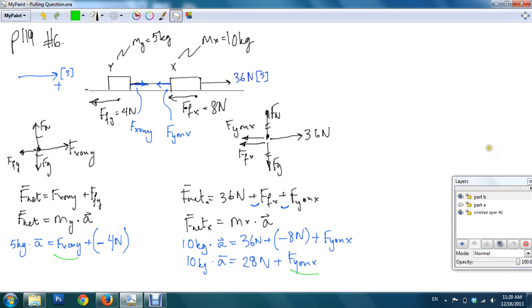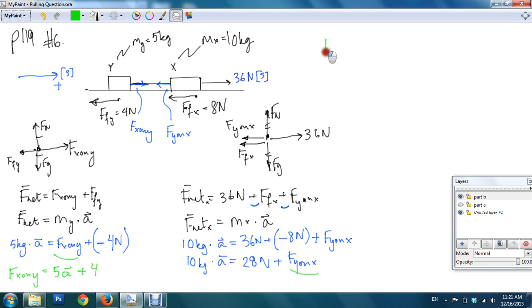Fx on y. I'm going to omit all units for now just so it's faster. So this is 5a, this is plus 4, this is newtons. So the minus 4 went to the other side, so you get 5a plus 4 is Fx on y.